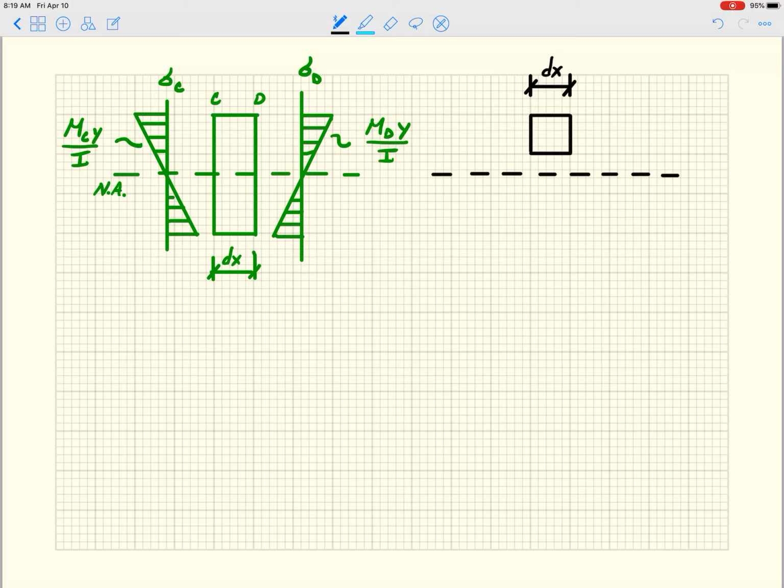And now my stress distribution looks something like this, and over here it looks something like this. Like that.